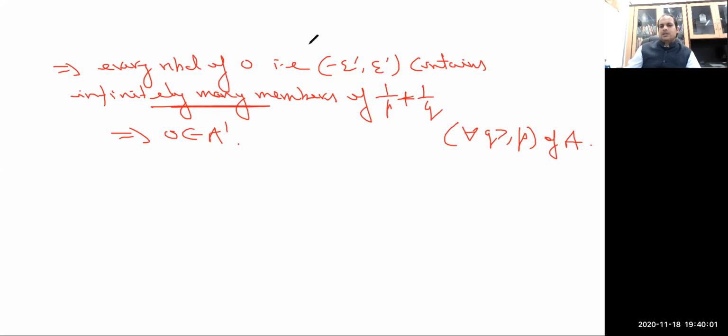Now the next case is case third, to show that not only this but in fact all the members of the type 1 by q will also be its limit point, where q belongs to n.